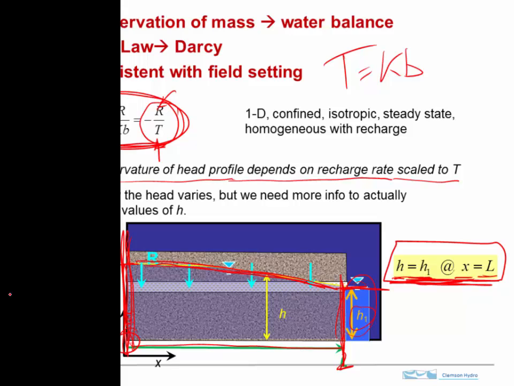So in general, to solve these problems, we need to look at the problem, and based on the various aspects of the hydrogeologic conditions, select a governing equation that is appropriate. If it's a 3D problem and we're interested in how the heads vary with x, y, and z, then we would need a 3D governing equation like we saw a couple of slides ago.